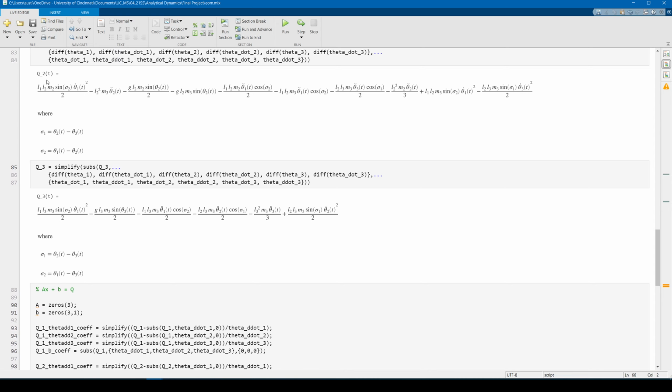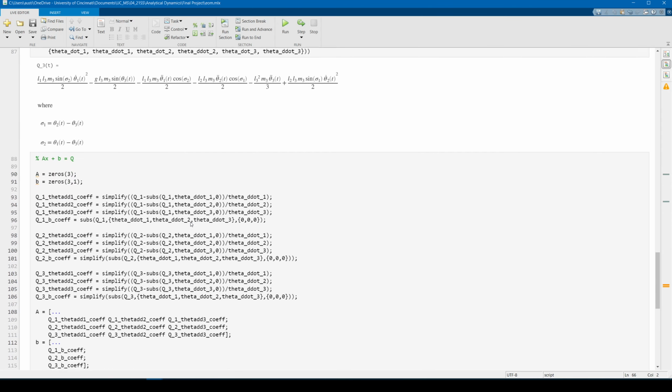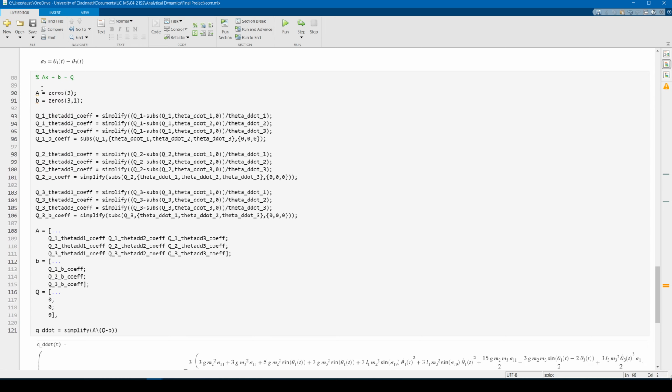Now these equations have theta double dot 1, theta double dot 3, theta double dot 2. So we want to separate those theta double dots so we can actually simulate the system. We do that here in this block of code. We set up a system of equations in matrix style. We have a matrix of coefficients, and then x.